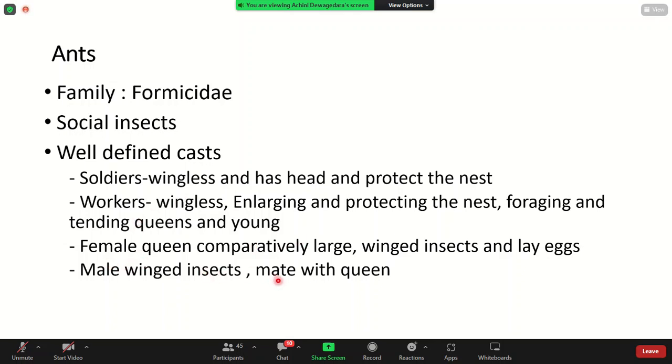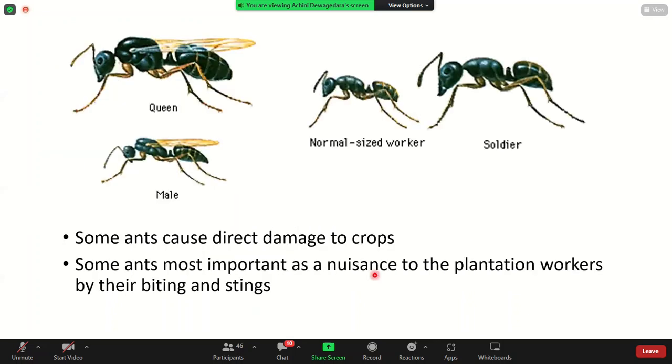And the female queen is comparatively large, similar to bees. They are winged and they lay the eggs. And the male winged insects are also present. They mate with the queen and help in the laying of eggs.